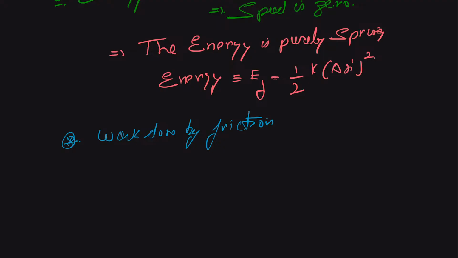So first of all, we are going to find out what will be the total distance moved by the mass in half oscillation, because specifically for part B it asks for only the half oscillations.